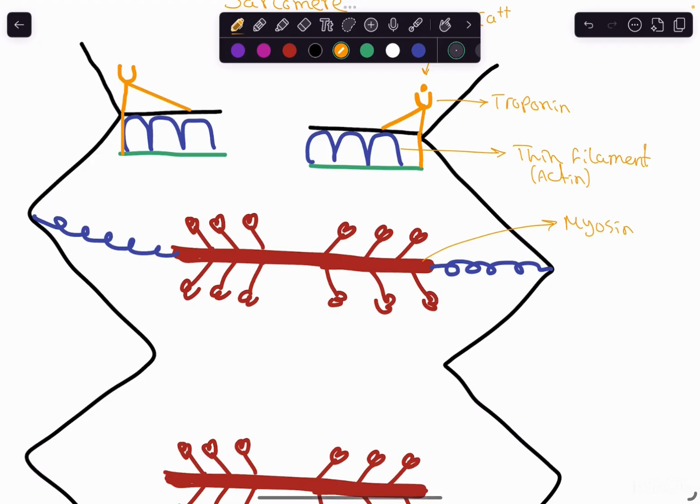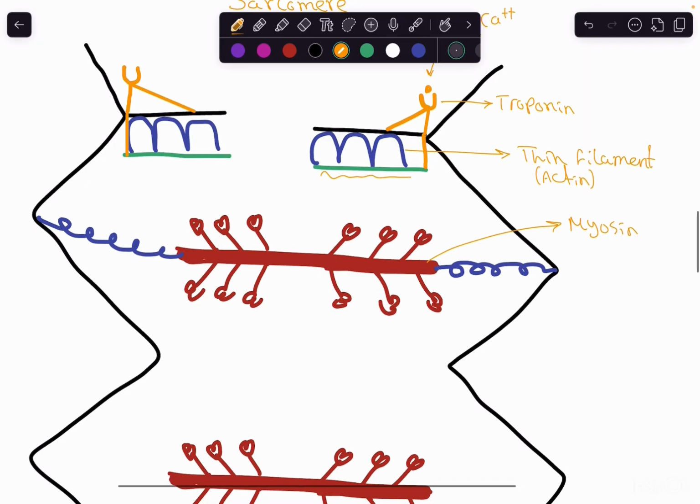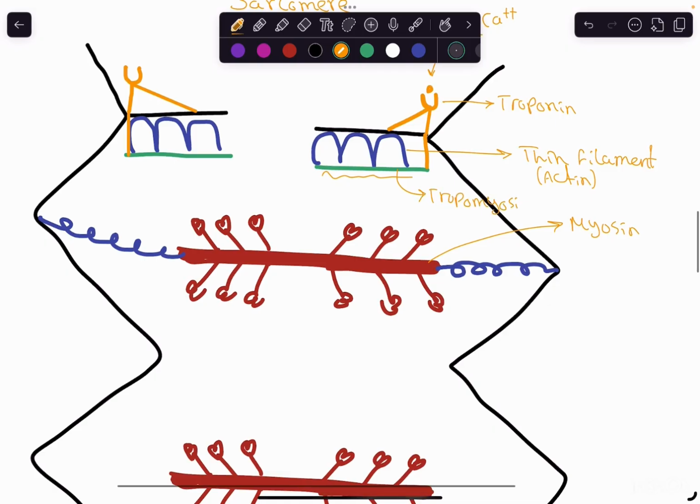We can also see this structure here in green, and this structure is called tropomyosin. It is another protein. The tropomyosin blocks the myosin heads from binding to those actin filaments.